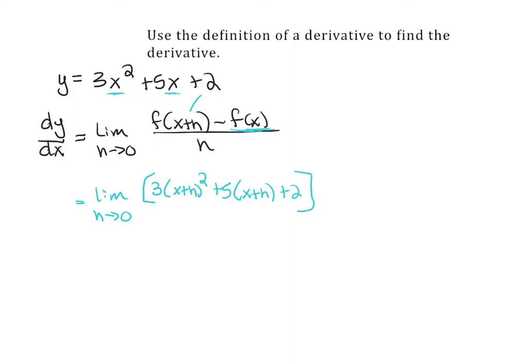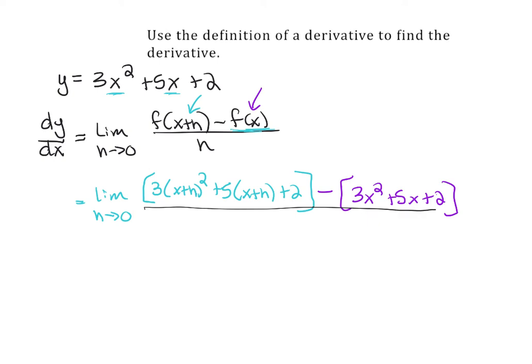So that, what I just did, is right here. And now I'm subtracting f of x. F of x is 3x squared plus 5x plus 2. And that is all over h.